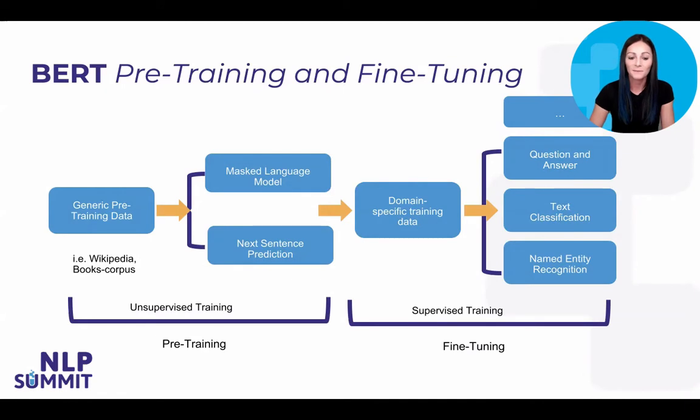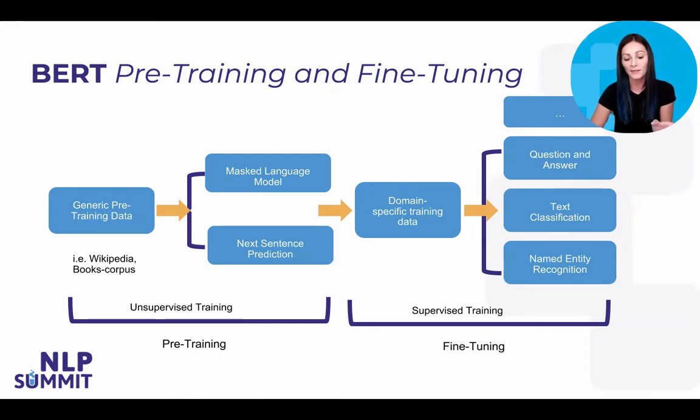So let's have a look at BERT pre-training and fine-tuning. And here you can see that the first part of building the BERT model is an unsupervised training. And here it's taking generic pre-training data coming from a large collection of text, BooksCorpus and Wikipedia.